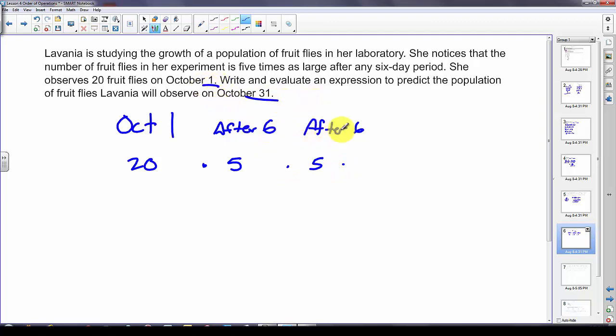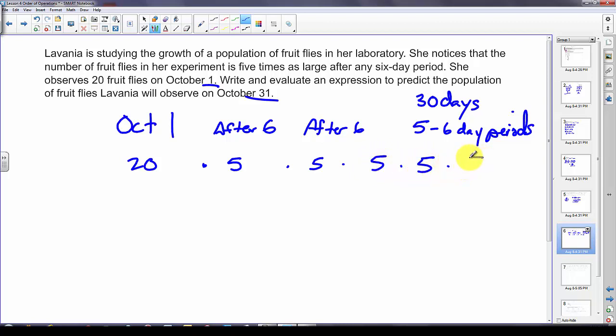Well, 30 days have gone by, and in 30 days, there are 5 6-day periods. So if that's the case, then I'm multiplying by 5 five times.